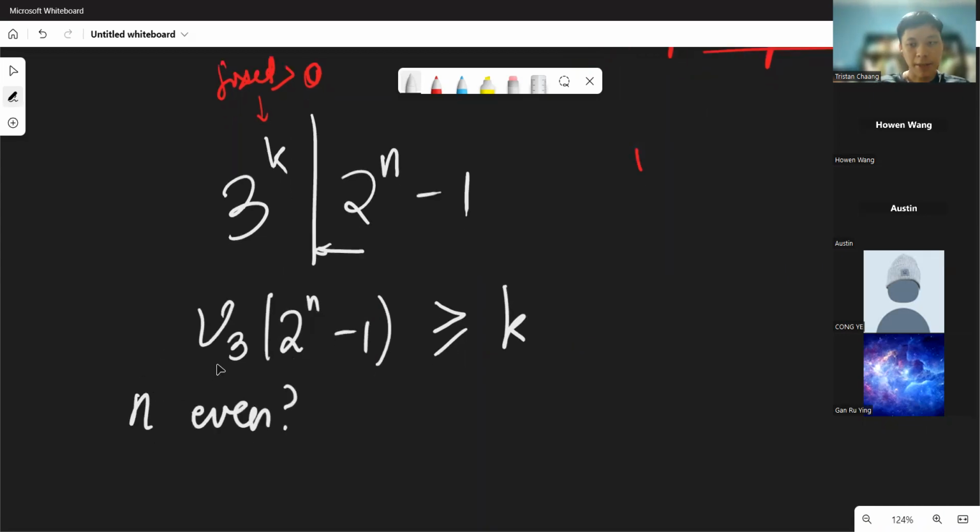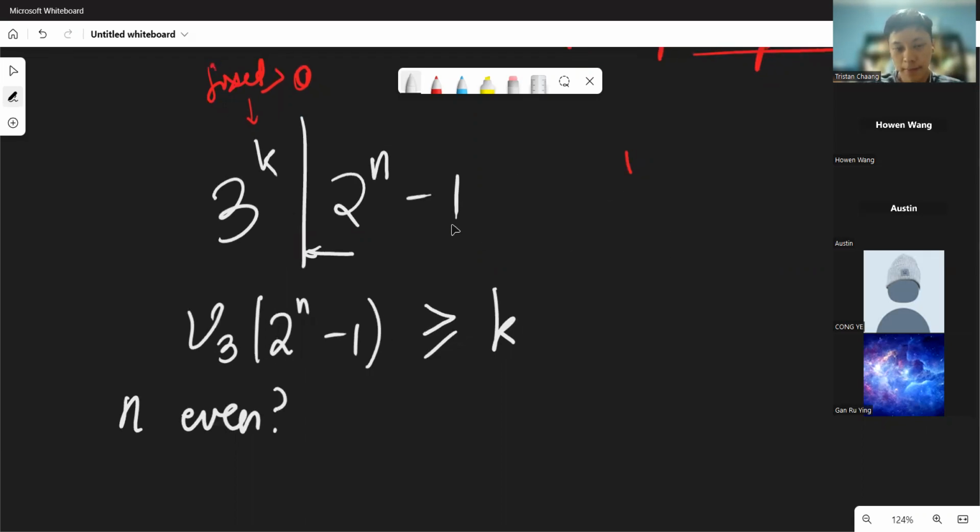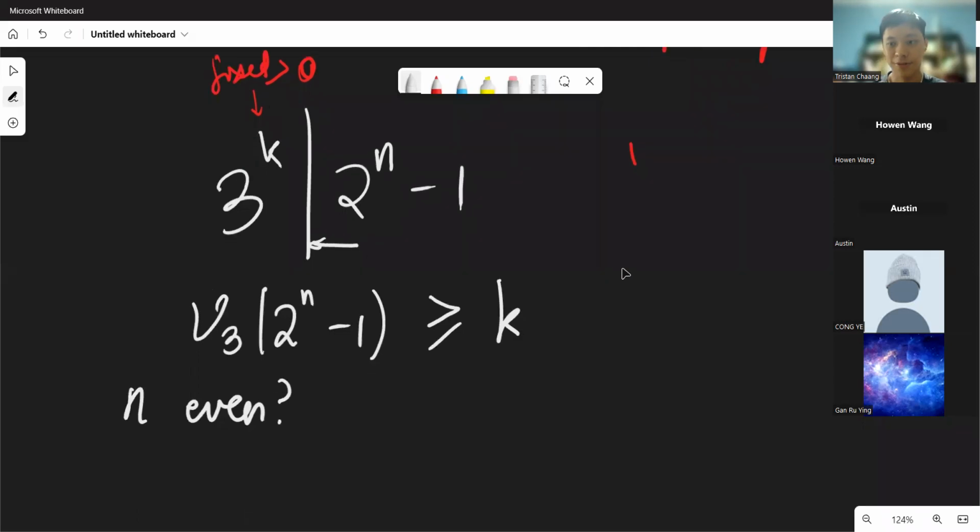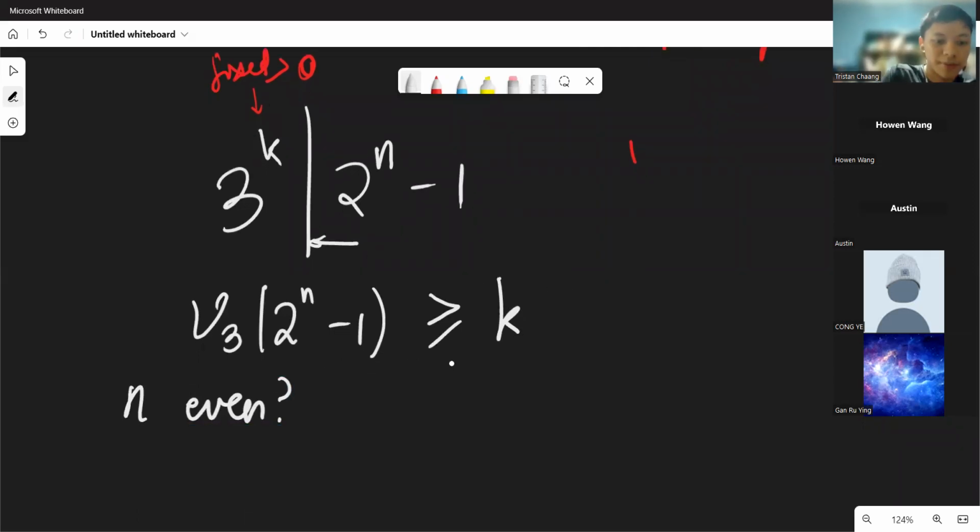But why must n be even in the first place? Yeah, exactly. Thank you. So 2 is -1 mod 3, and you want this whole thing to be a multiple of 3 because k is more than 0. So n must be even. So yeah, very straightforward fact. So let's say n is 2m.